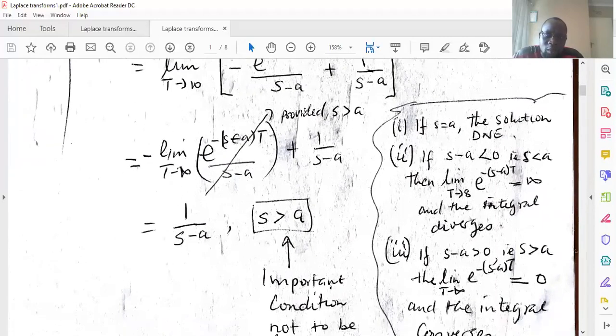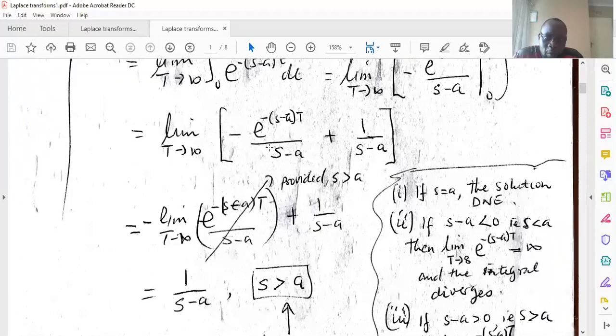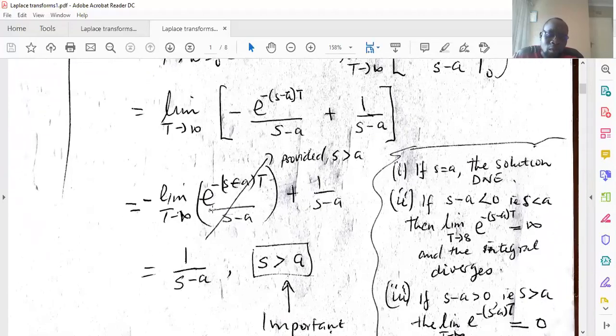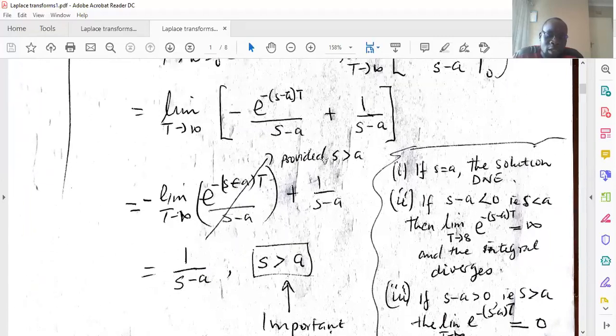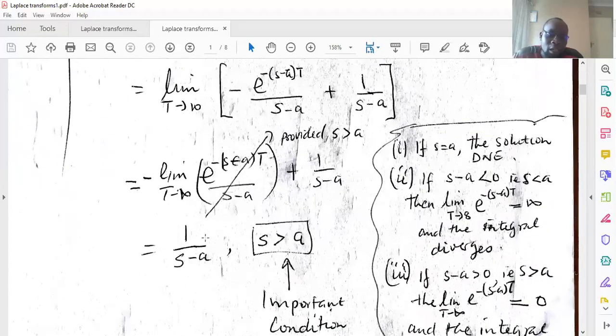So once this goes to 0, then we know we have a finite value of the limit. So this can only go to 0 provided s is greater than a. And the Laplace transform of e to the power at is 1 over s minus a, provided s is greater than a. Now, this is important.